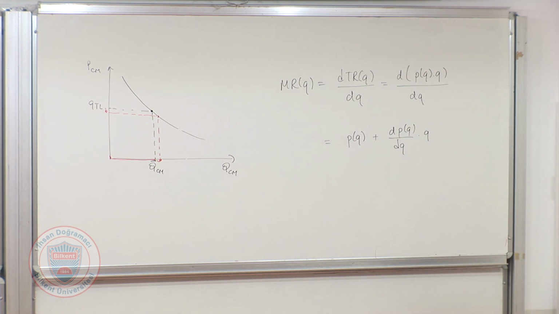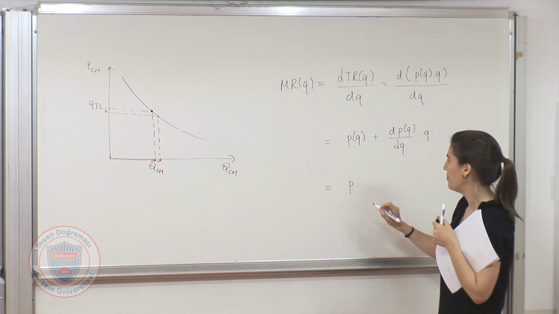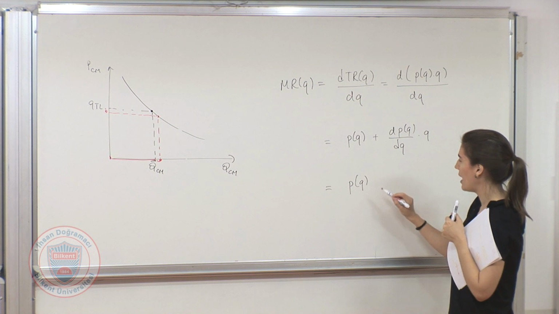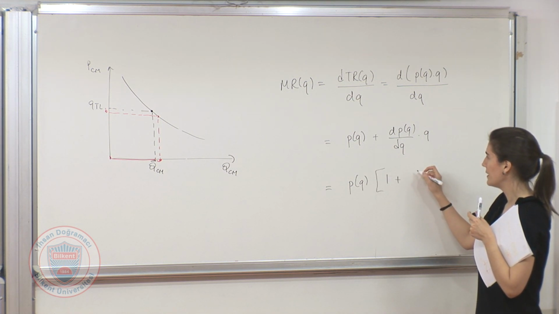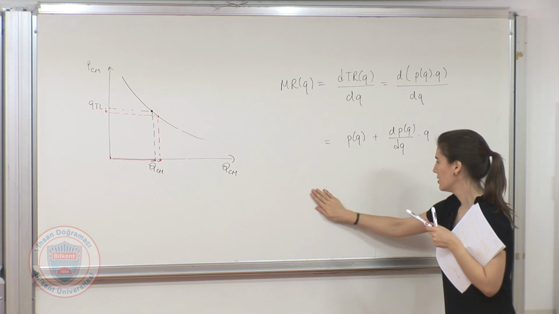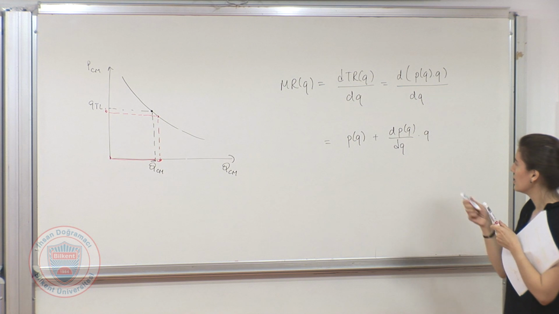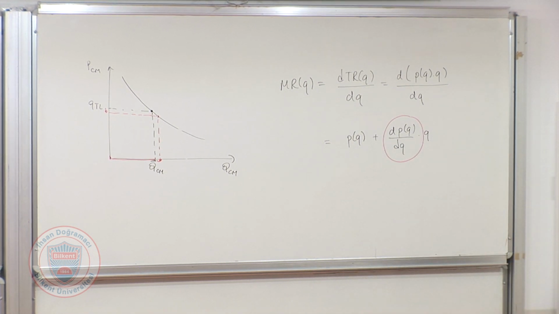If I take P(Q) into parentheses, it's going to be 1 plus, but let me first tell you this. What is dP(Q)/dQ?